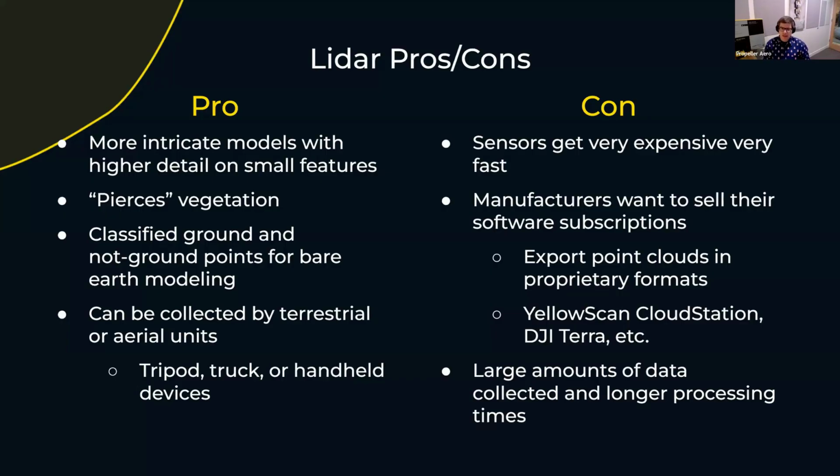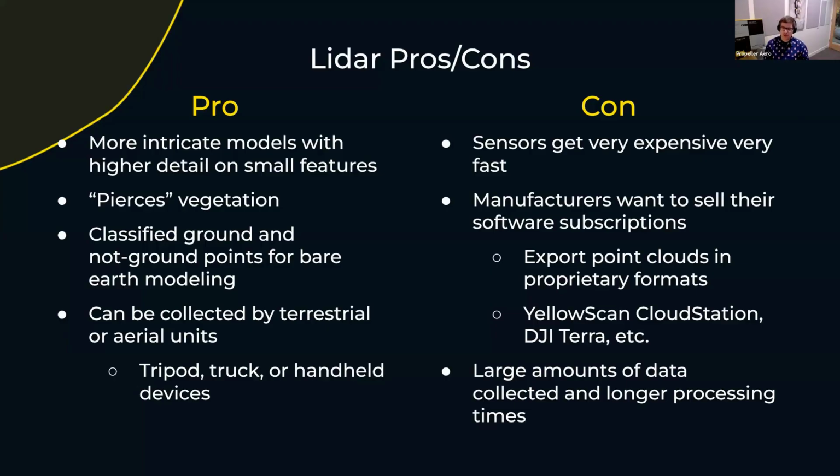Now the downside: LiDAR sensors get very expensive very quickly. If you want to get a good high-end drone LiDAR, you're looking at probably 100 grand-ish. If you want to get a good pickup-mounted LiDAR unit, you're looking at 500,000 to $1 million-ish. So keep that in mind. The other half of this is that a lot of manufacturers want to keep charging you for a software subscription.